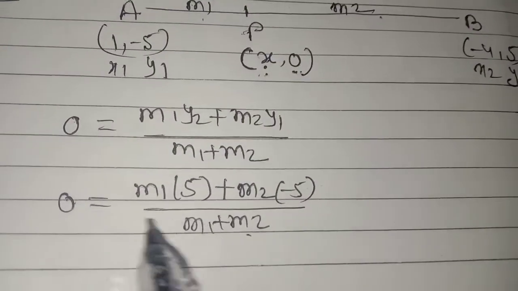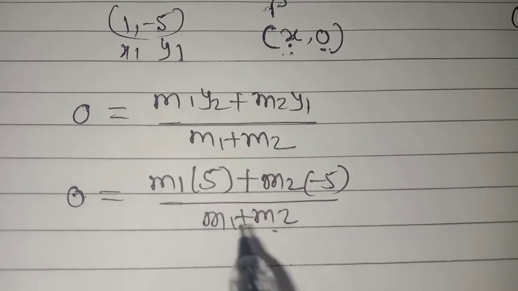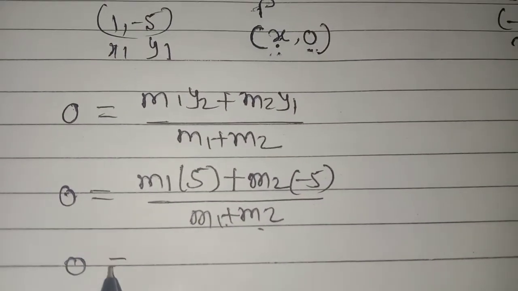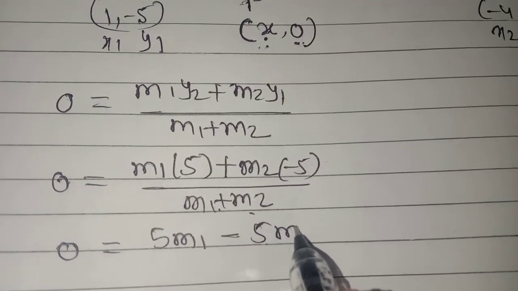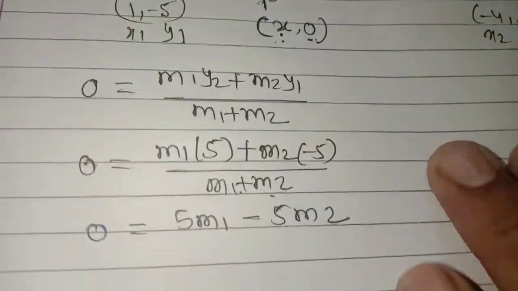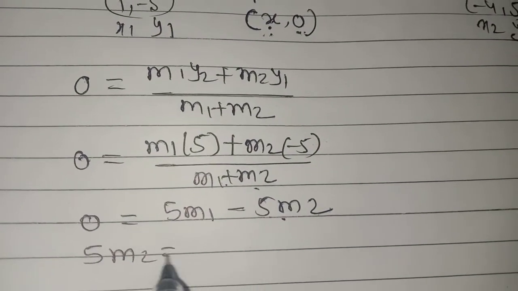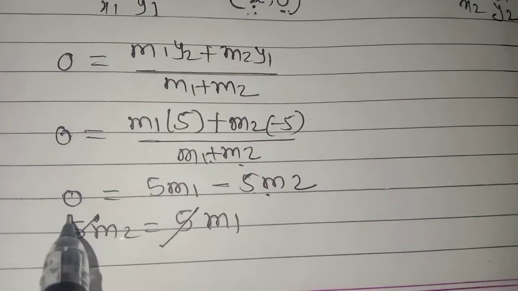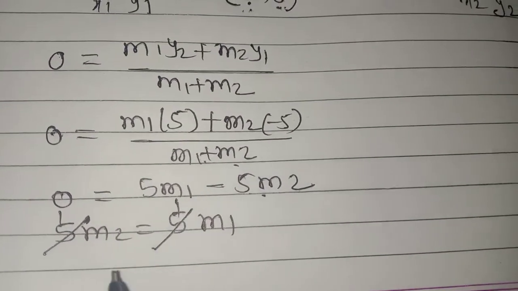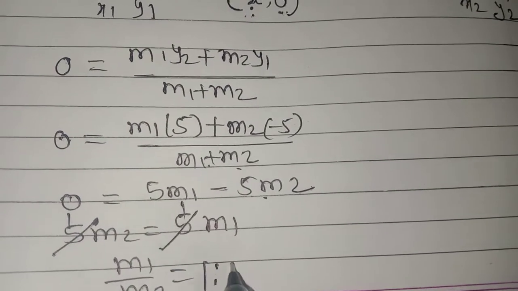Now M1 plus M2 taken toward the left side, 0 multiplied by any variable or number becomes equal to 0. Now it is 5M1 minus 5M2. Clear? Now transfer either one to the other side, so it is 5M2 is equal to 5M1. Cancel 5 and 5. So it is 1 and 1. So our ratio M1 upon M2 is equal to 1:1.